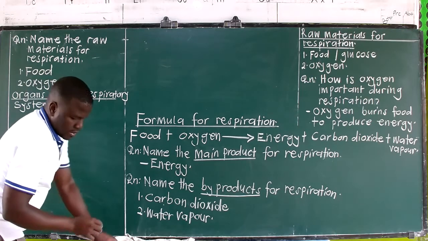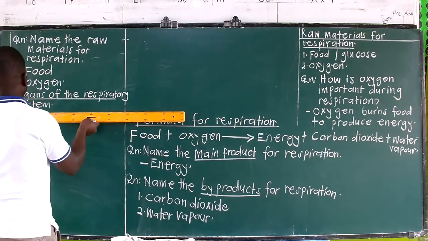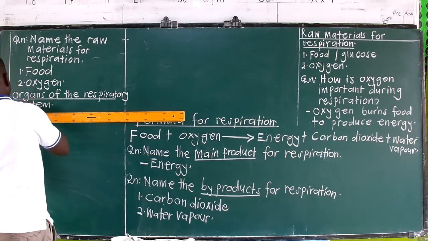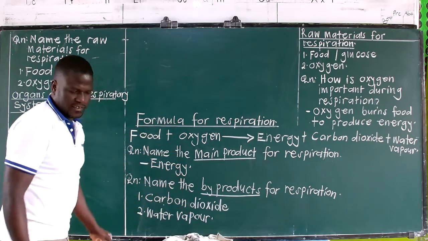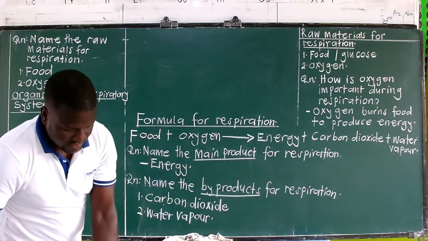Now, the respiratory system has the following organs.